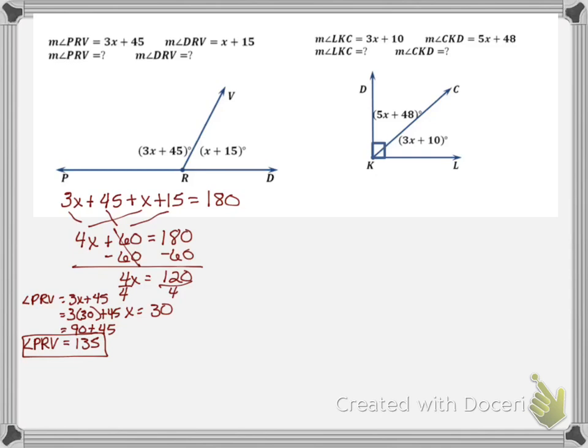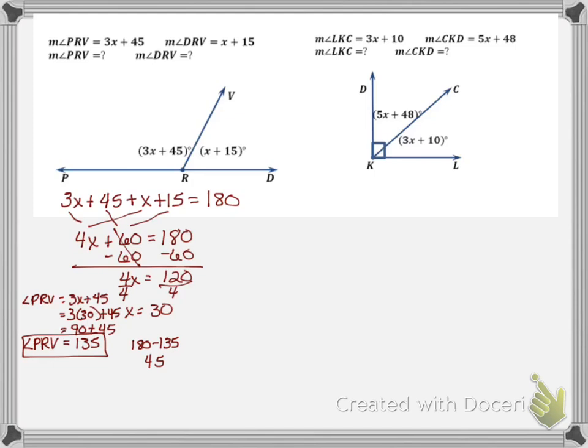But one thing that we got to be able to recognize is that if we subtract 135 from 180, then we should have 45, I believe. So that should be 45 degrees.